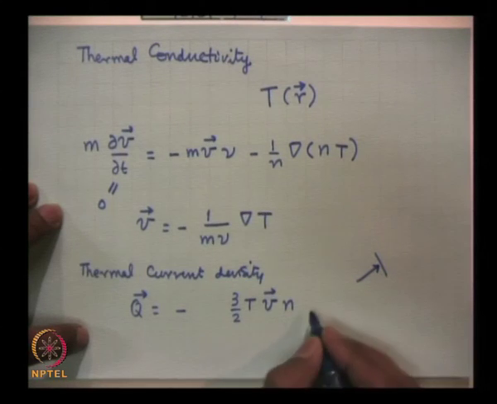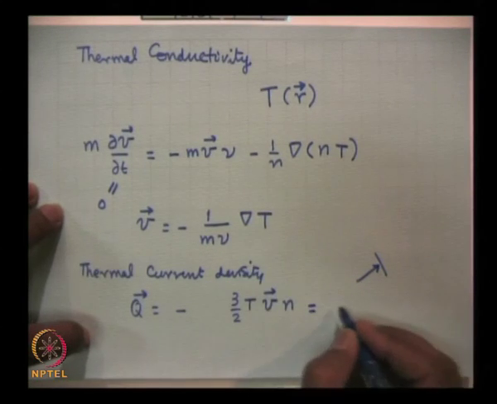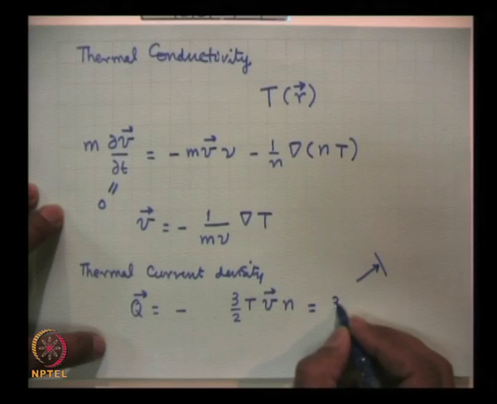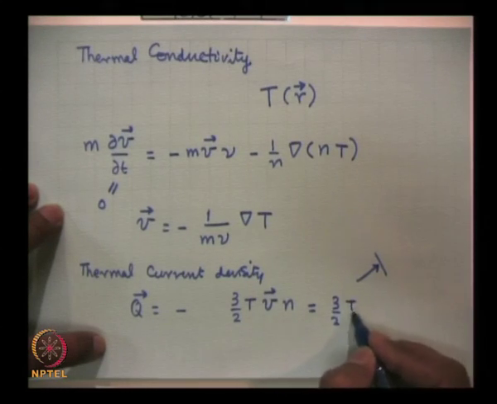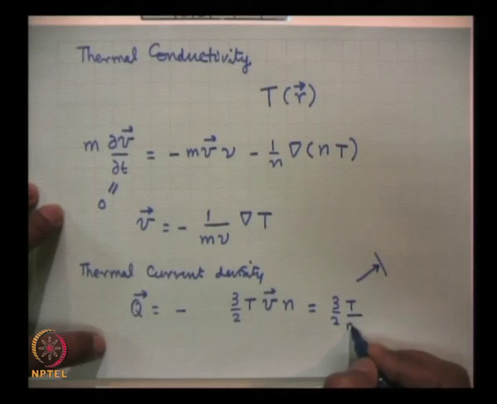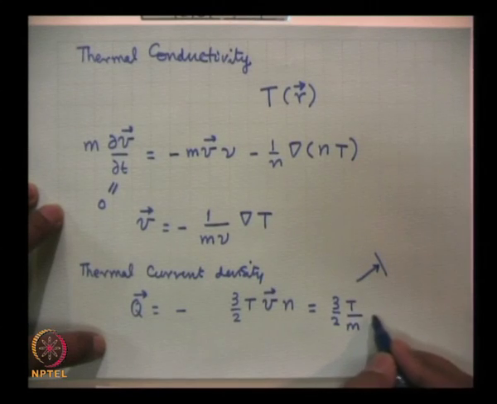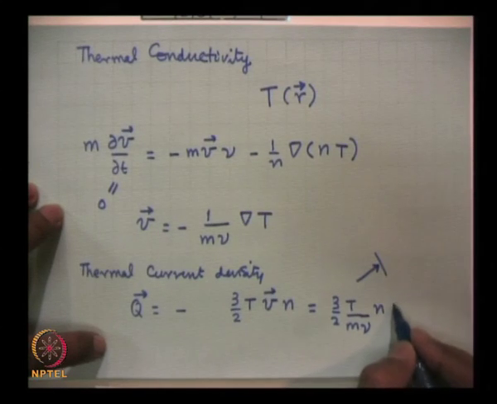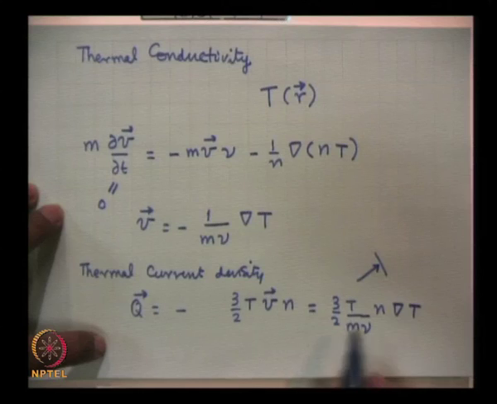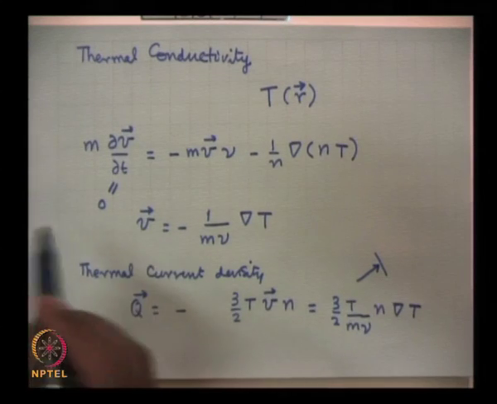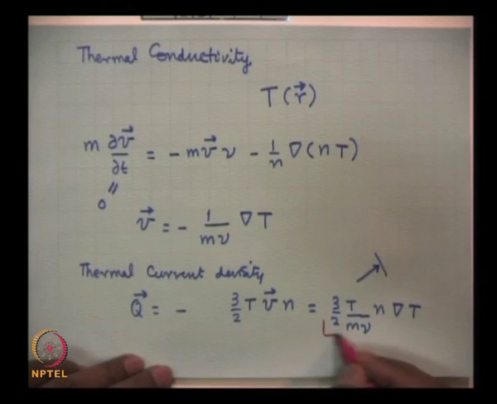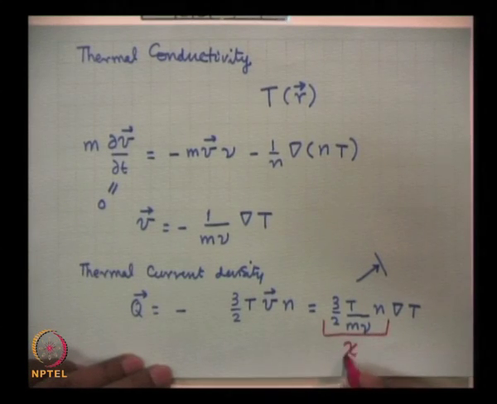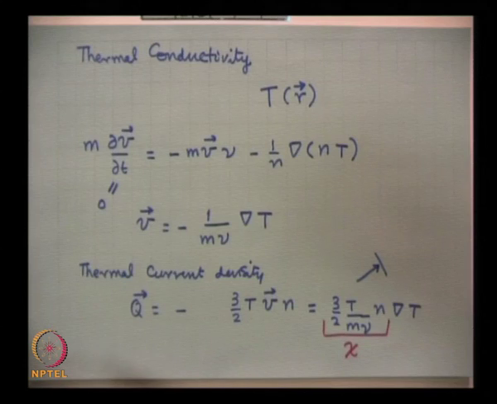So, put the value of v from here, it turns out to be 3 by 2 T upon m nu into n gradient of T. This coefficient of gradient T is called thermal conductivity and is denoted by symbol chi.